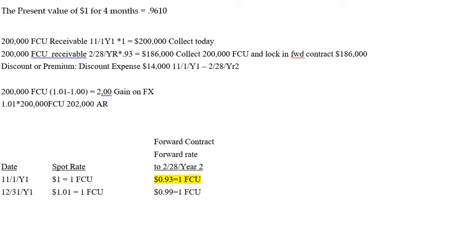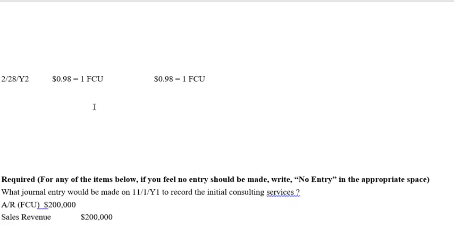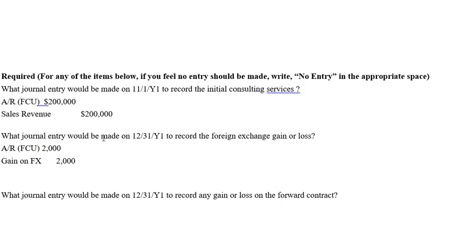And if you had the T account, you would have had a debit of 200,000 receivable, add your gain, right? Debit accounts receivable, credit gain. So another debit of 2,000, and then your accounts receivable balance would be 202,000. Hopefully that made sense to you, and you can write that down on your exam. So that would be our gain.